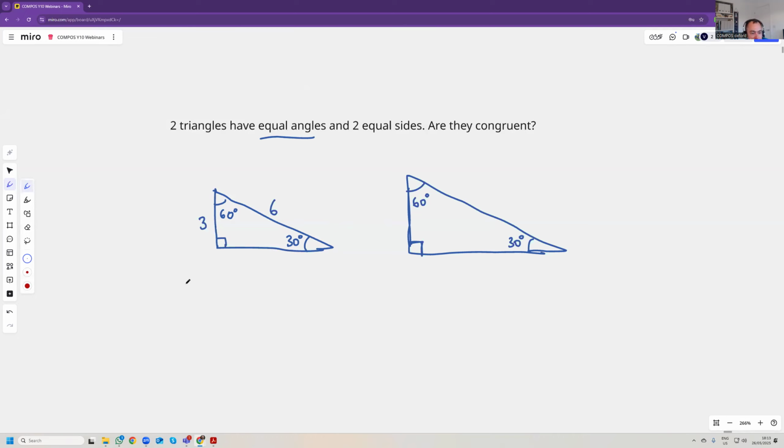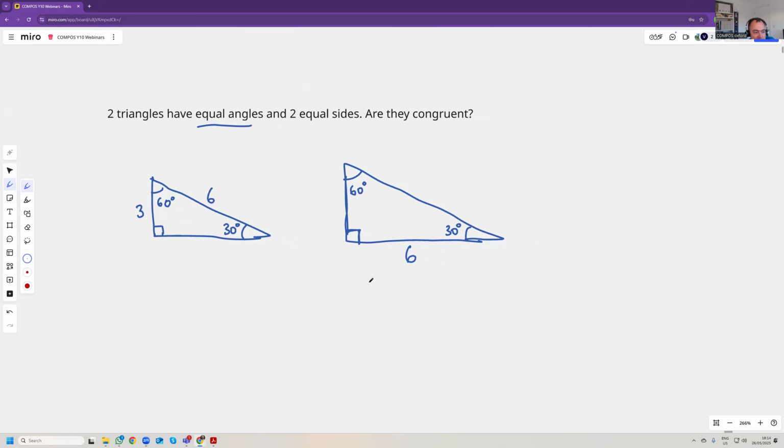I don't think that will work. Just a sec. And if this is 6, this would be 12. Now, let's say this is 6.